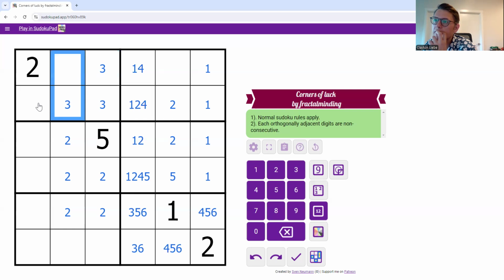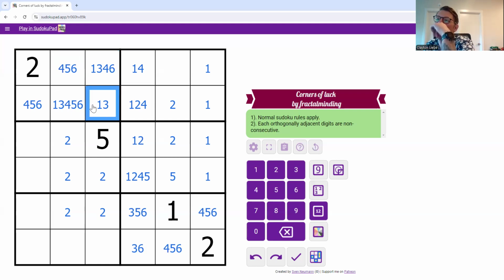So now what about 5s over here? Maybe we can do some work over here. Where are we going to put a 1? Somewhere there. We have a 2. We're going to put a 3 somewhere here. We're going to put a 4 somewhere there. And we're going to put a 6 somewhere there. So this has to be either 4, 5, or 6.